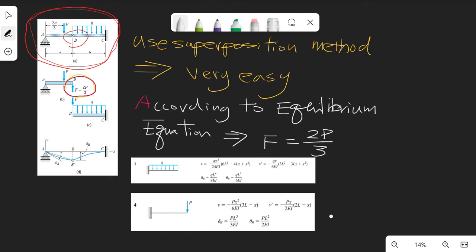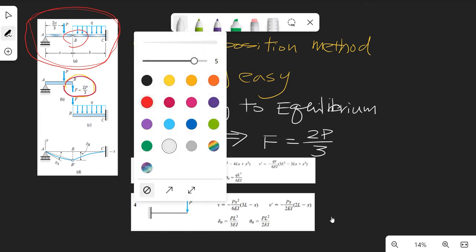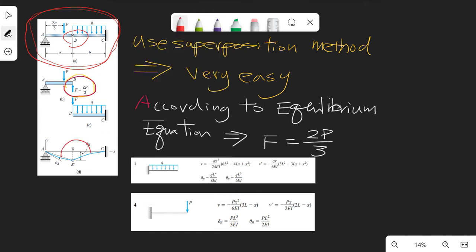In this case we want to find the deflection at B, and we will find the deflection at B.